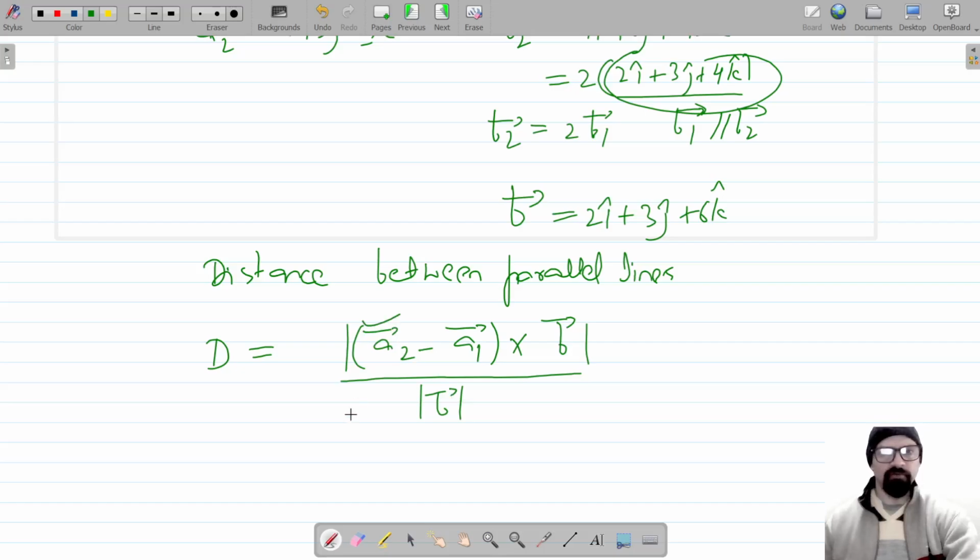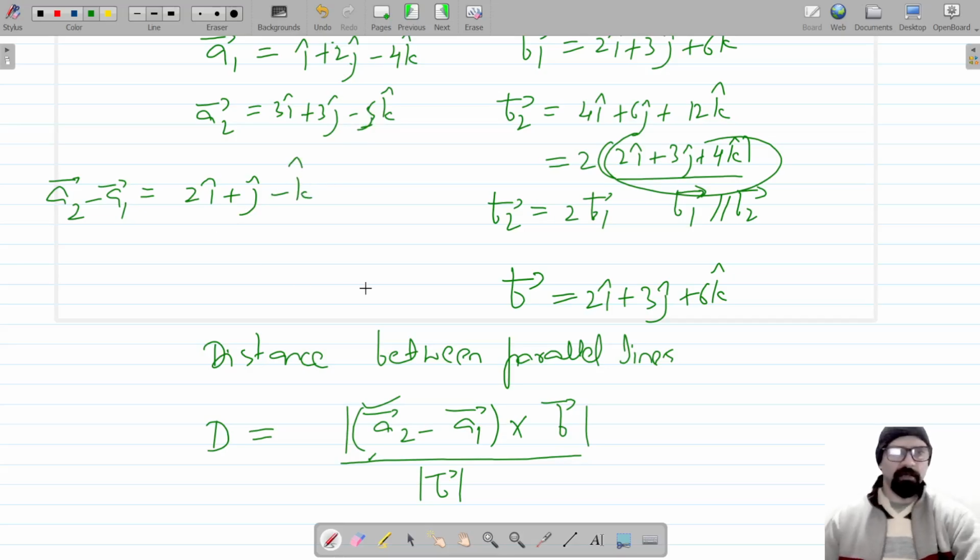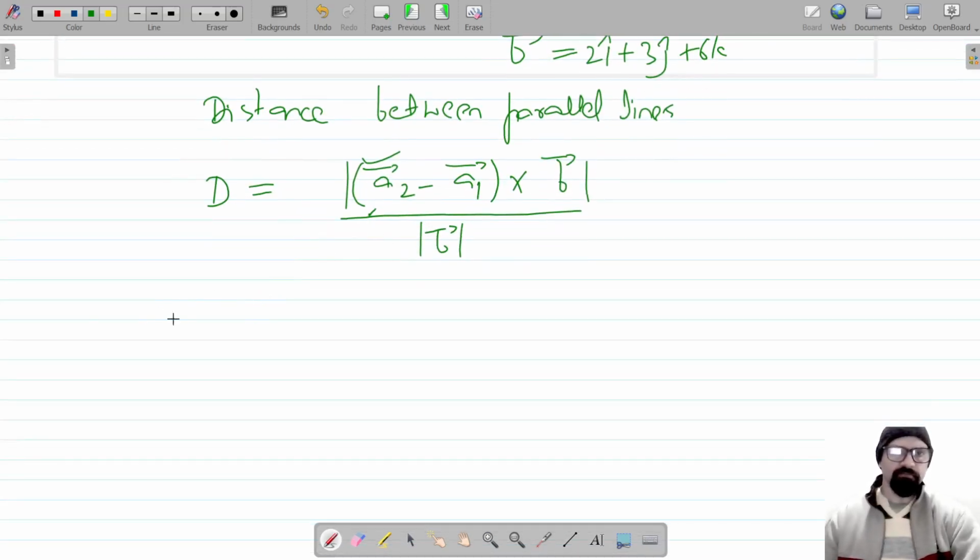So let's find out A2 minus A1 first. So A2 minus A1 vector. So this 3 minus 1 is 2i cap, 3 minus 2 is j cap, minus 5 minus of minus 4 is negative k cap. So now let's find out the cross of A2 minus A1 with B vector. Okay.